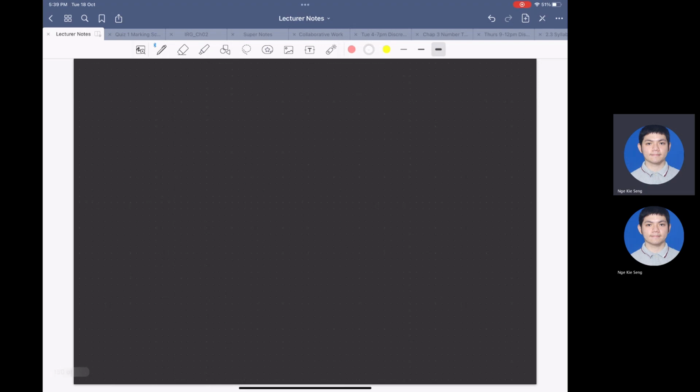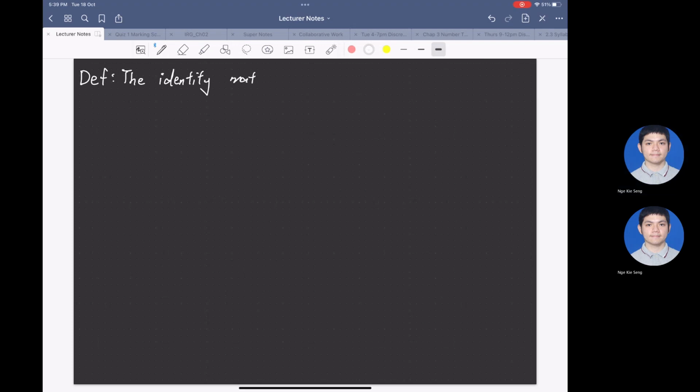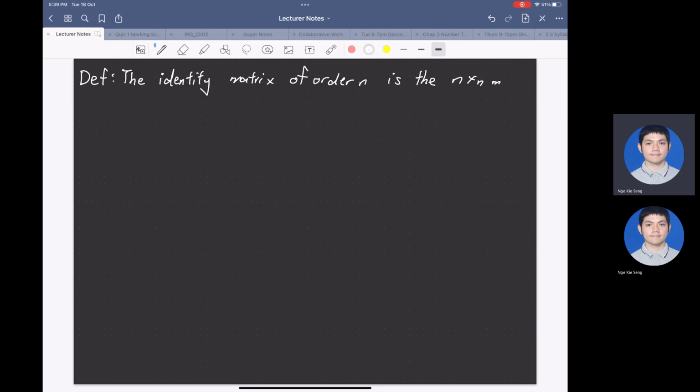Next, we introduce the identity matrix, just as we had the identity function. The identity matrix of order n is the n by n matrix, I_n. I write this in compact notation here. What's this delta ij? It is 1 if i equals j, and 0 when i is not equal to j.